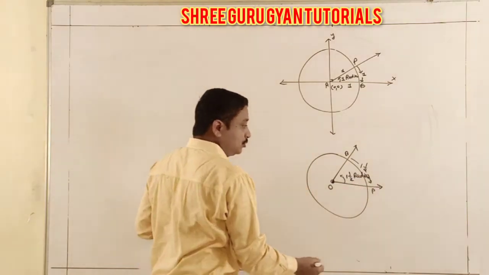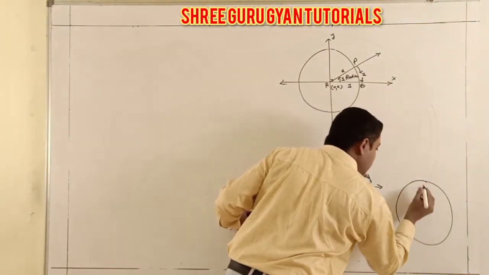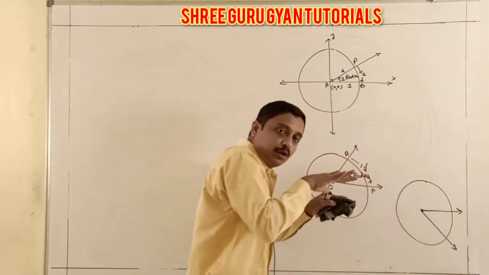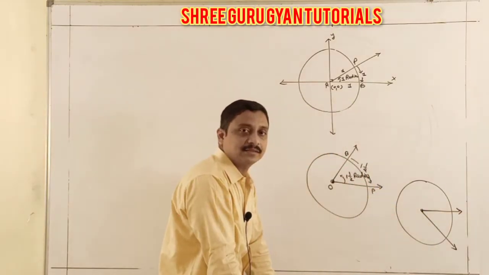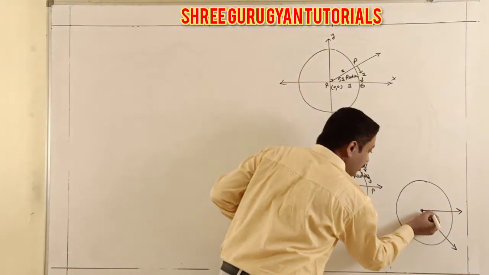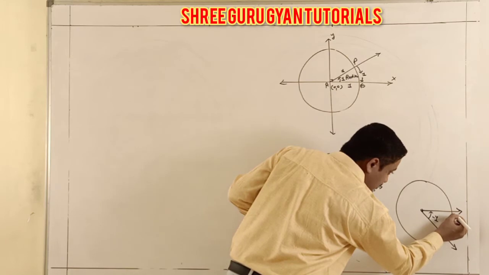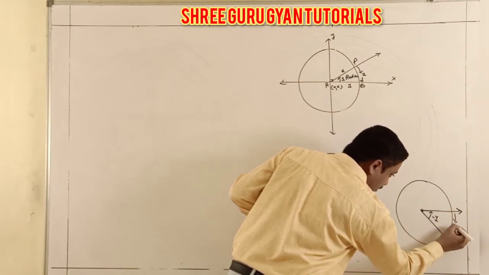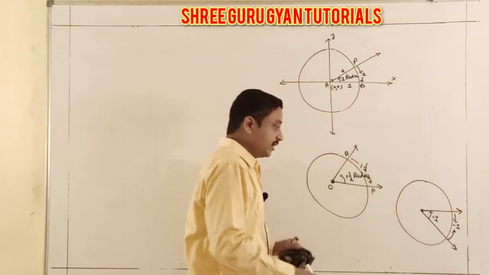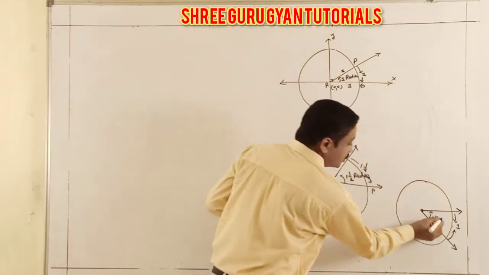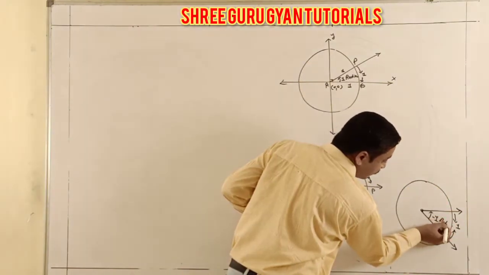Same as, I am going to the negative side. Consider this way: if you go below the x-axis, it is negative, minus 1 radian, and this arc length is your minus 1 radian. The arc is 1, but which side is it going to? The negative side of the x-axis. So you get minus 1 radian.